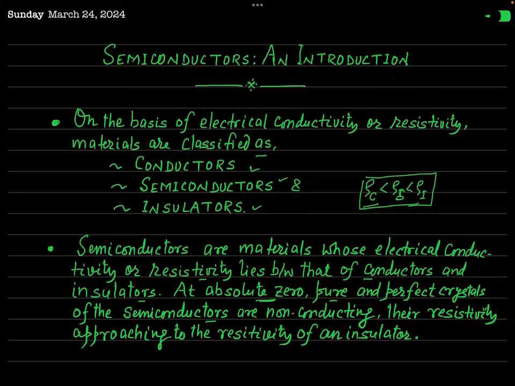Even at room temperature, it conducts electricity to some extent, and then it will behave like a conductor or a metal. So whenever you talk about the resistivity or conductivity of a semiconductor, you must specify the temperature.